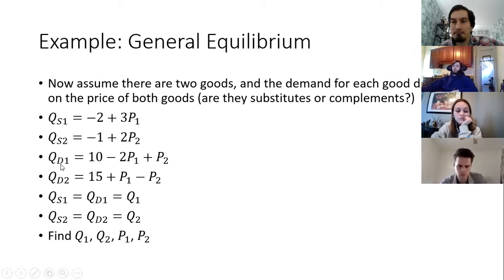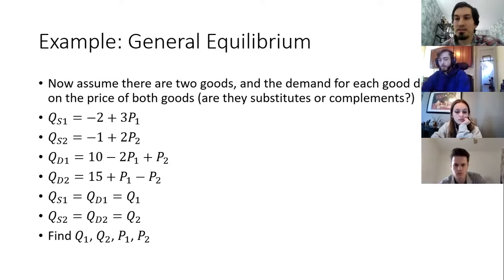What does that mean? They're substitutes. Thank you. Because it's like Coke and Pepsi. If the price of Pepsi goes up, you say, okay, now I'm going to buy more Coke because I'm just going to switch. And the same is true for good two. The fact that there's a plus P1 in here is like saying these goods are substitutes. If the price of good one goes up, I'm going to switch and buy more good two.